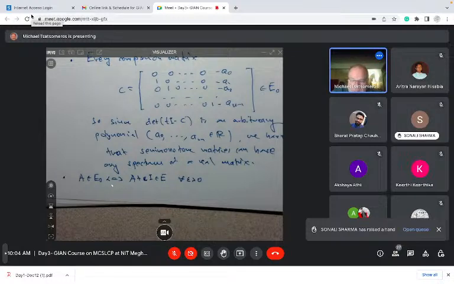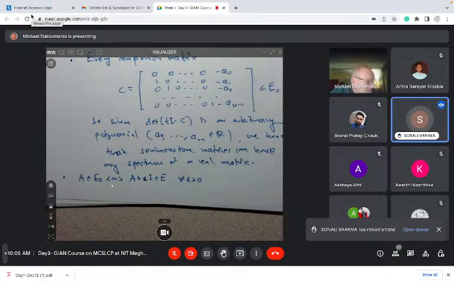Here's a question. Hello, sir. This companion matrix is in E0, it is semi-monotone. For semi-monotone matrices, the diagonal entries have to be non-negative.